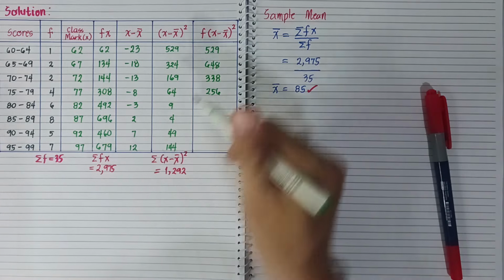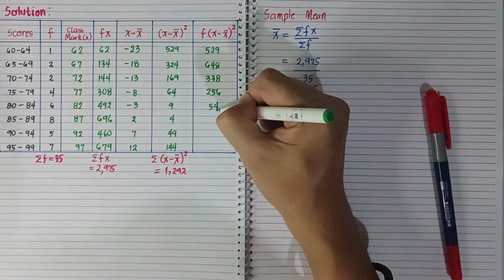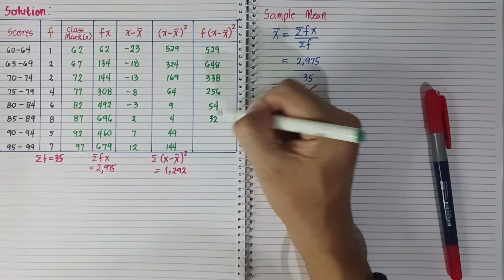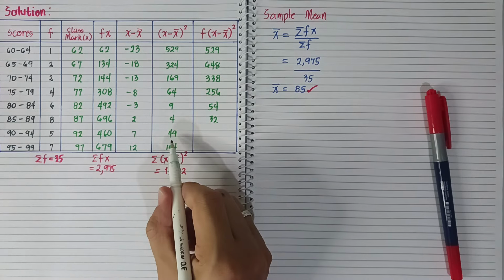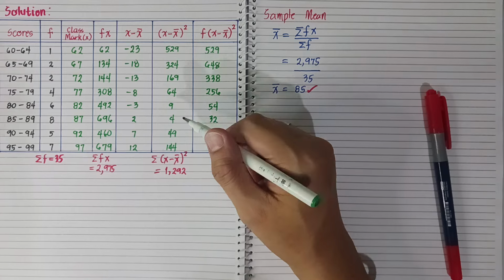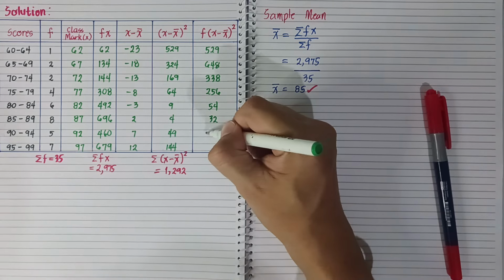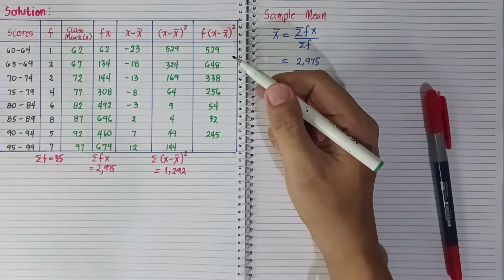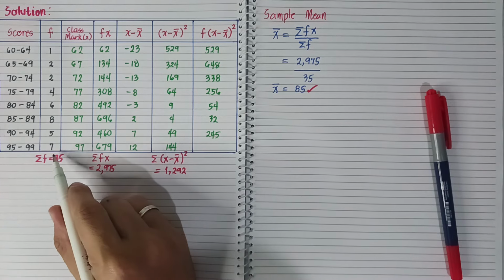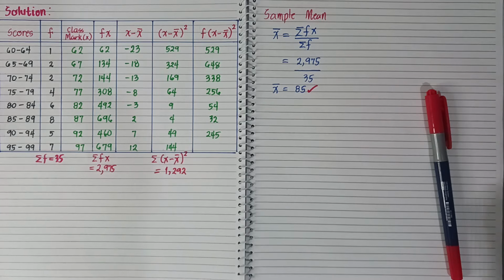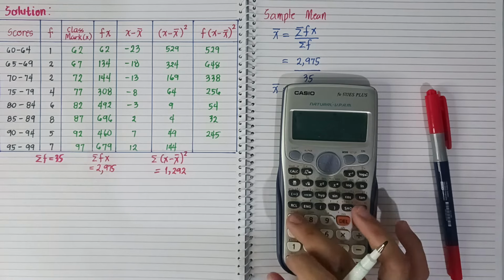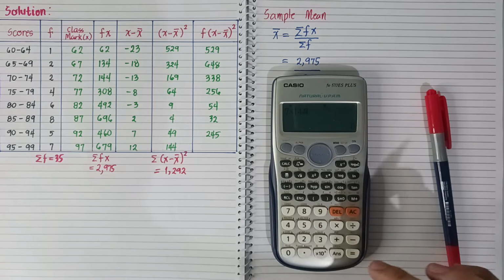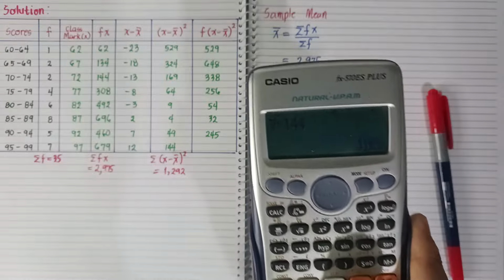And then 6 times 9 is 54. And then 8 times 4, 32. 5 times 49, that is 245, no? Tama? And then 7 times 144, medyo malaki. Hindi na kaya ng brain cells. Okay, 7 times 144 is 1,008.